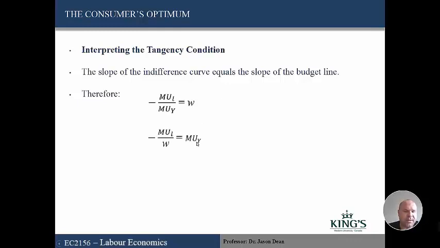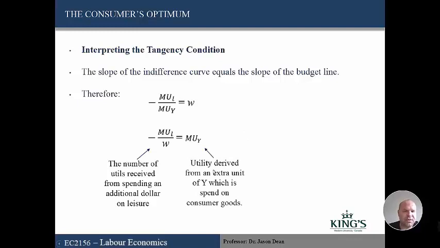And we can rewrite this just by rearranging it, and we can see that the term on the left here is the number of utils received from spending an additional $1 on leisure. Okay, so if you spend an additional $1 on leisure, then this is the term representing that amount. This is the number of utilities or units of happiness you would receive, and that has to equal the marginal utility of income.